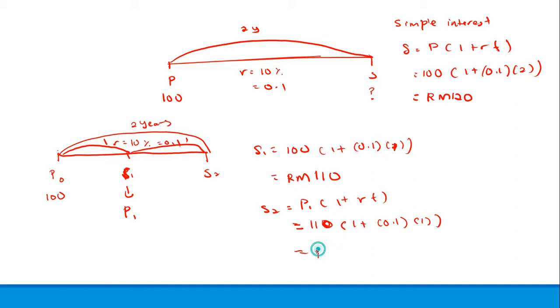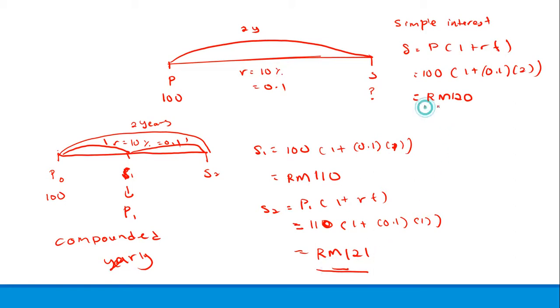You will get RM 121. For this case, it is compounded yearly, meaning that every 1 year they will pay the interest. So after you add the interest, you get S1, and then you use this as the new P, and at the end of 2 years you get 121.